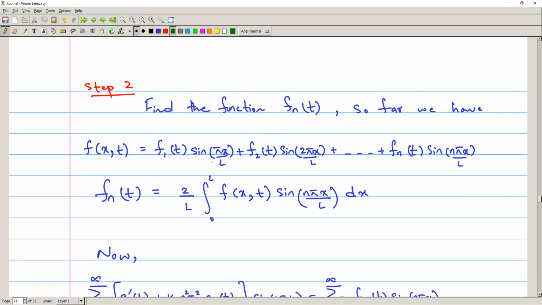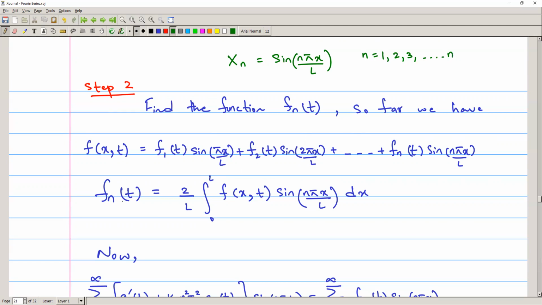Therefore, for X1, we substituted sine pi x over L, because we found that the eigenfunction is equal to sine n pi x over L. Therefore, we generated the series for the corresponding n, for n equal to 1, 2, 3, up to n, right?